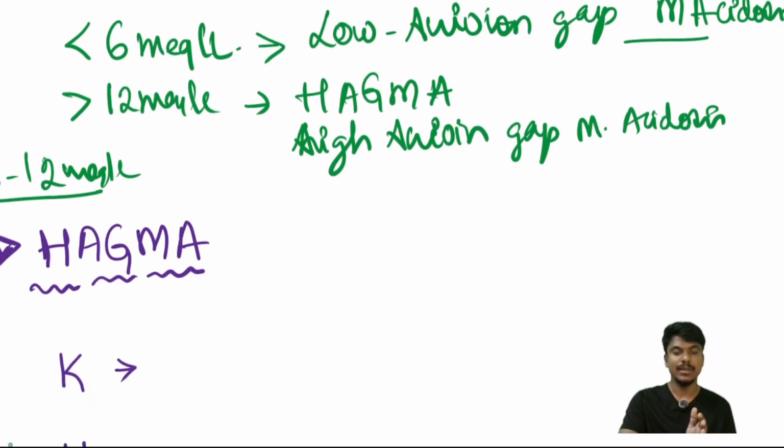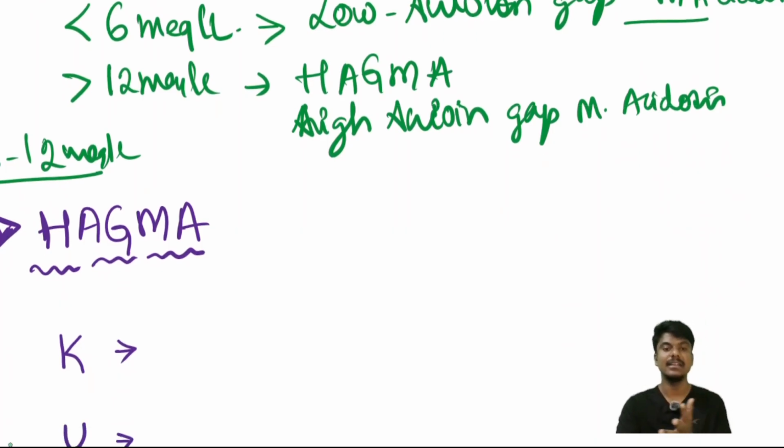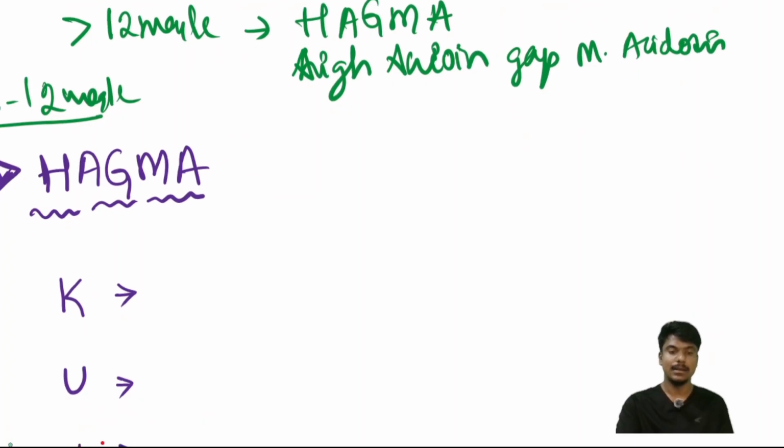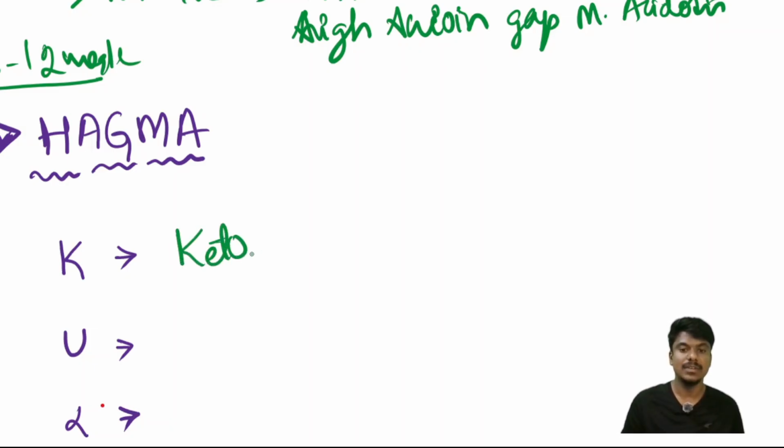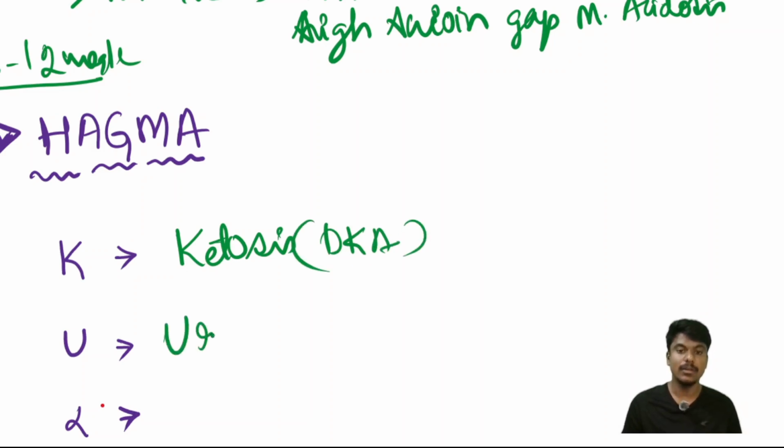Now we'll see HAGMA. It is seen in the case of CULT, a mnemonic I made for HAGMA. K is for ketosis, that is DKA, where you can see high anion gap metabolic acidosis. U is for uremia.